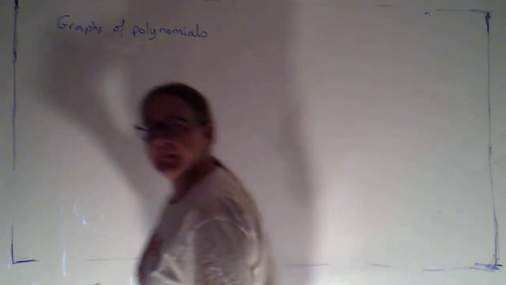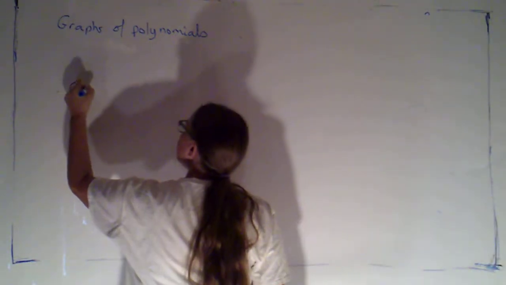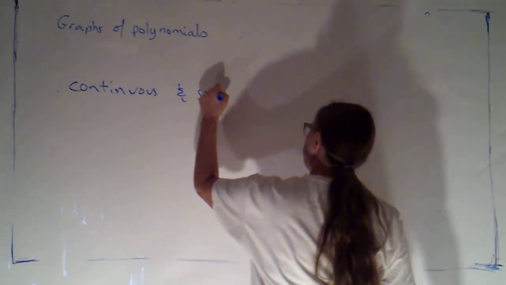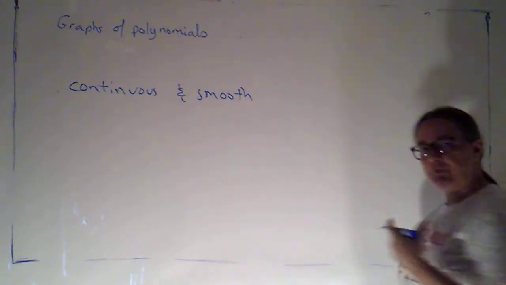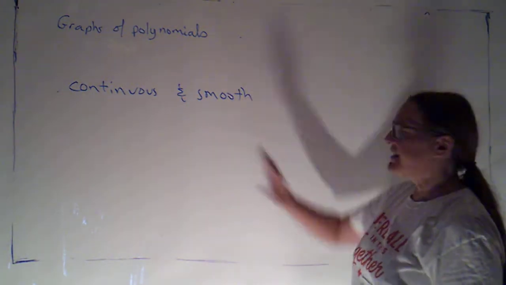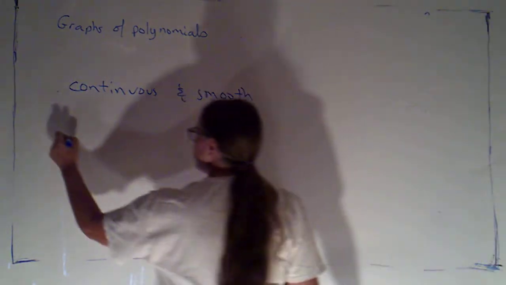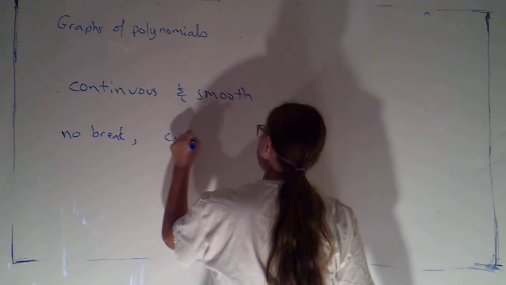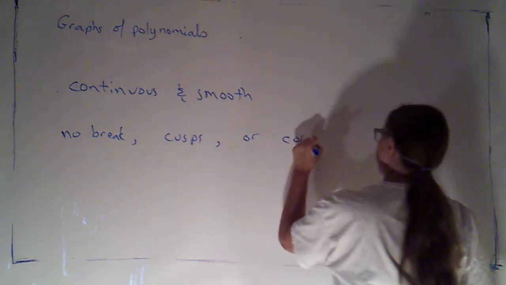So that tells me about the extreme ends of my graph. But what about in the middle? Well, the graph is always going to be continuous and smooth. Now, those are terms that will get formally defined as you work your way through calculus. I'm just going to tell us some things that it rules out. There are no breaks, no cusps, or corners.